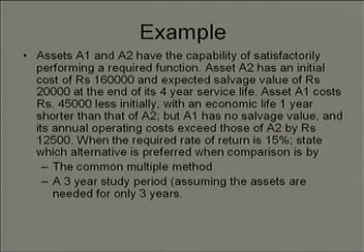So, the initial cost is given to you, its service life is given to you, and salvage value is also known as far as asset A2 is concerned. Now, information on asset A1. Asset A1 costs rupees 45,000 less initially. So, how much does it cost? 160,000 less 45,000, that is 115,000.